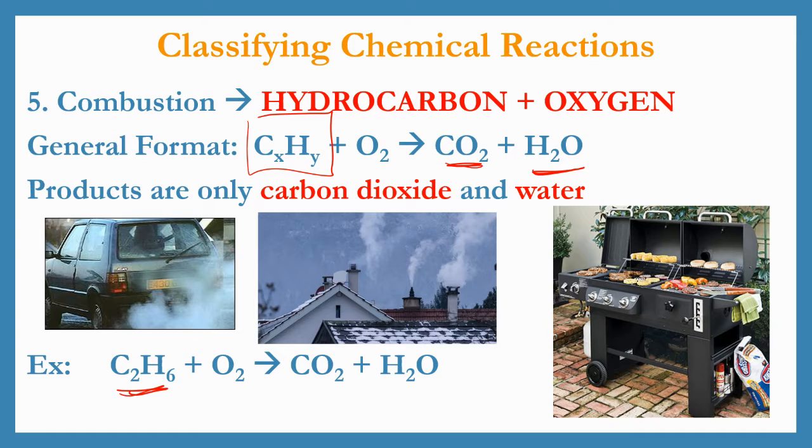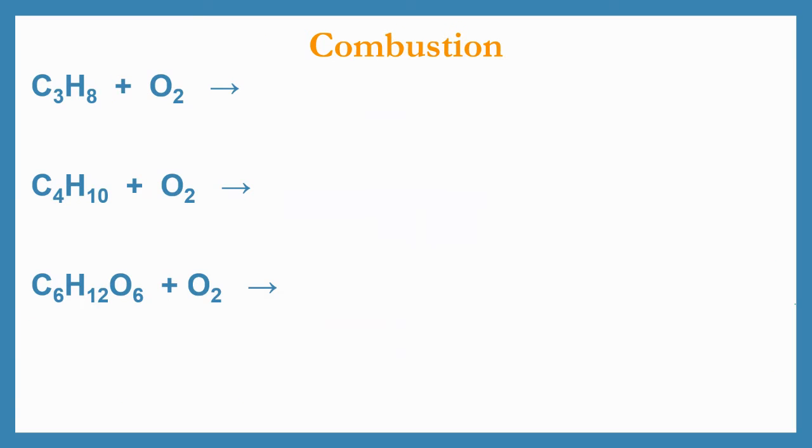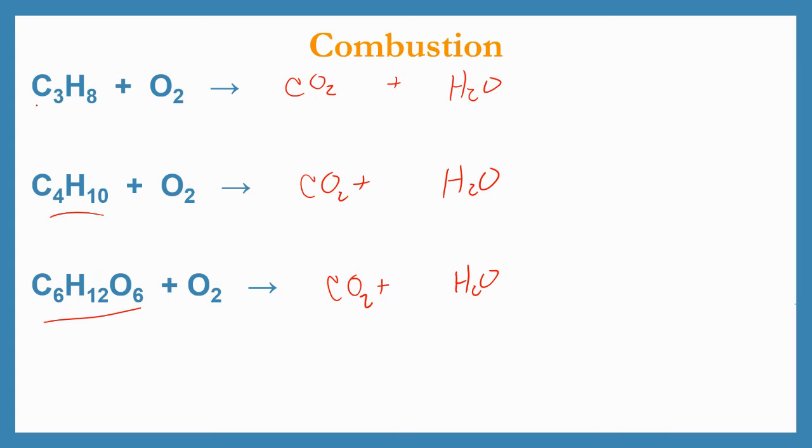If you had ethane plus oxygen, you're always going to make CO2 and water. So the nice thing is these are a piece of cake to predict because they always make carbon dioxide and water. All you have to do is recognize that the reactants are some carbon, hydrogen species and oxygen.